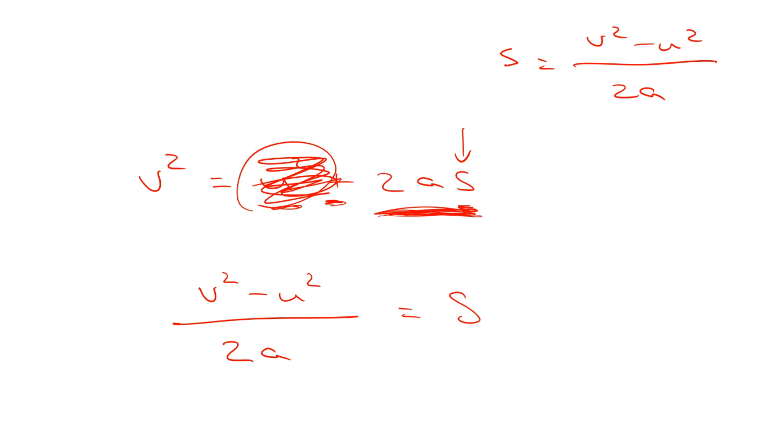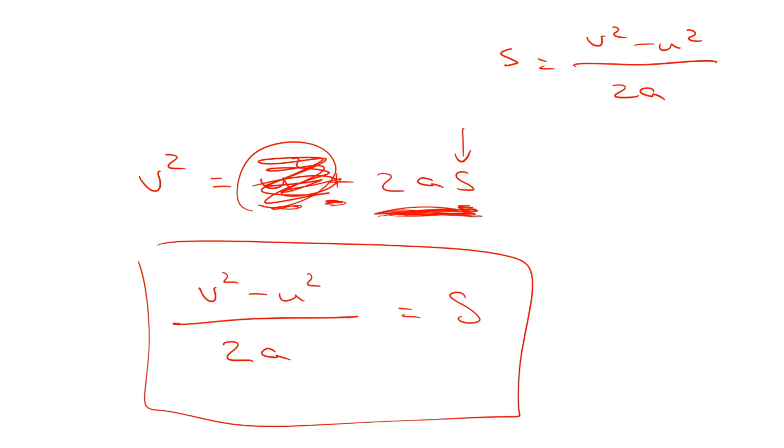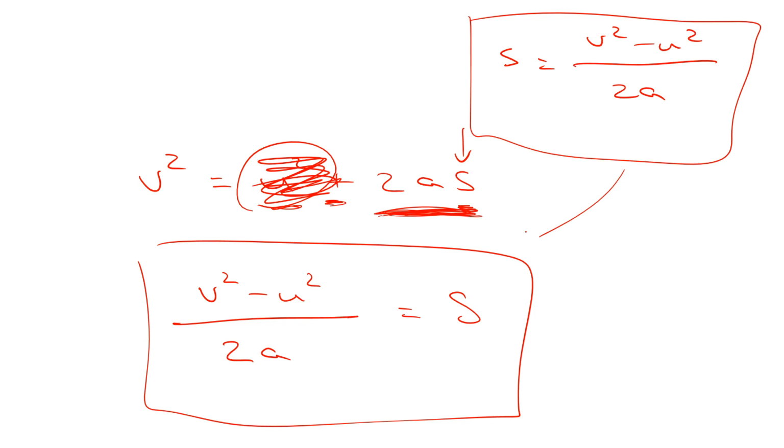Just because this equation and this equation are exactly the same thing. It's just nice to say, well, the displacement is equal to this, and then you go off and work out whatever it is. All right, great.